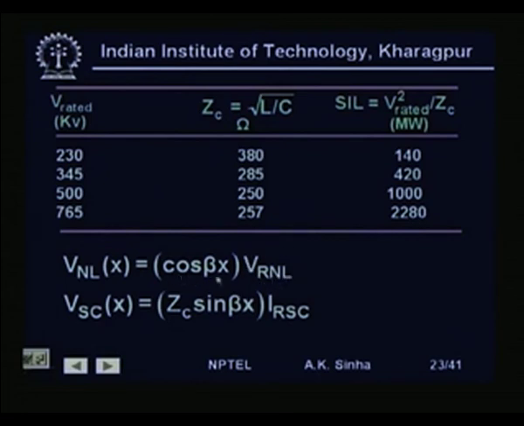Now, in this case we find that the sending end voltage is going to be less than the receiving end voltage, and if we keep the sending end voltage as 1 per unit, then we find that the receiving end voltage is going to be much higher.